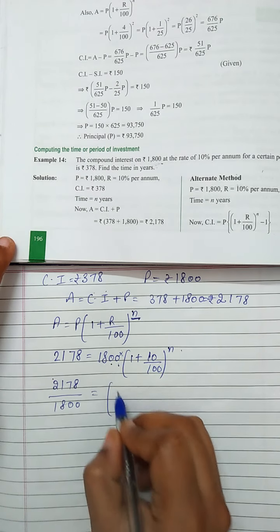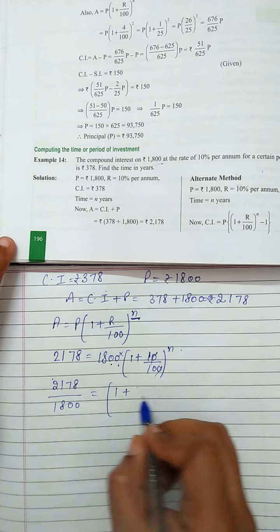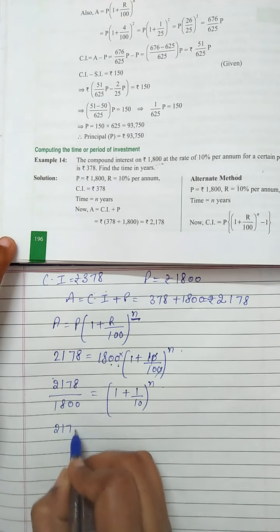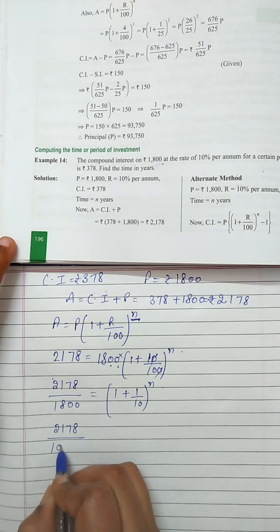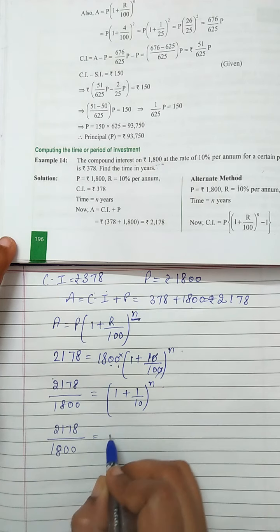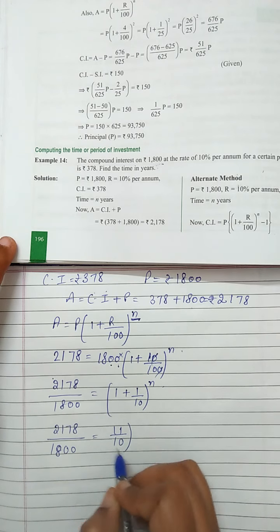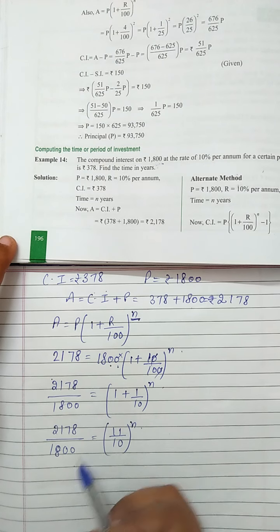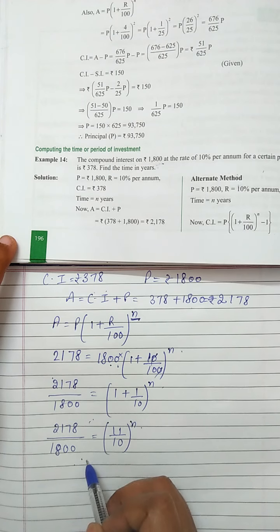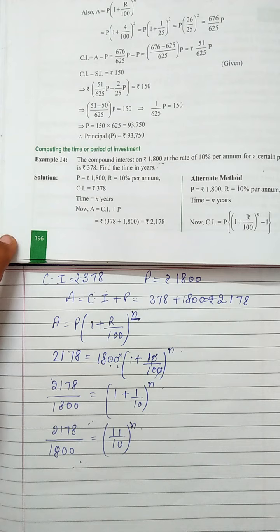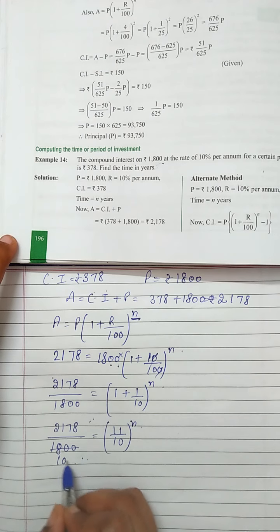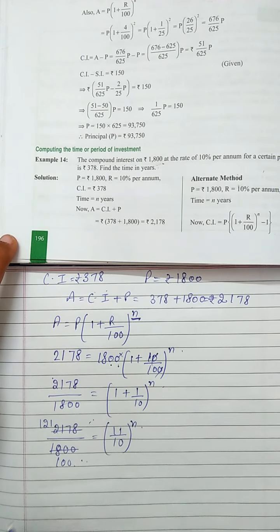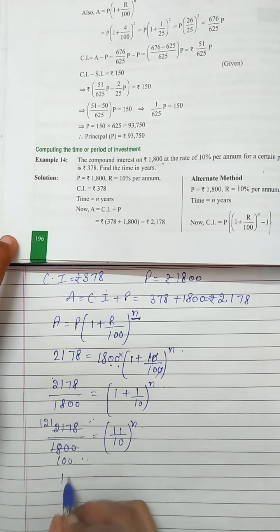It is equal to 1 plus, 0 cancels with 0, 1 upon 10 raised to power n. So 2178 upon 1800 is equal to 11 upon 10 raised to power n. Now we calculate it, dividing by the table of 18. The answer is 121 upon 100.